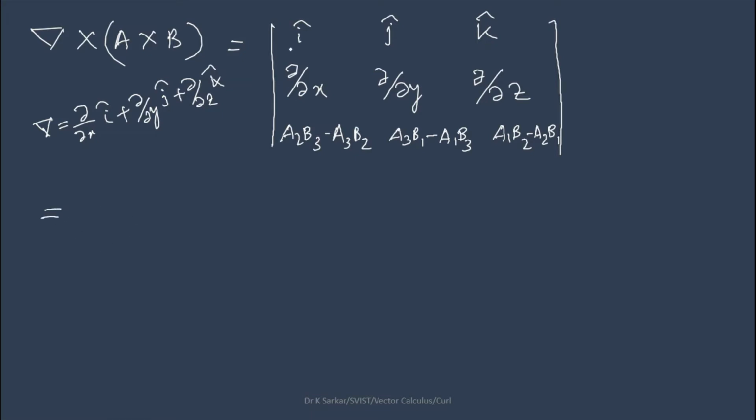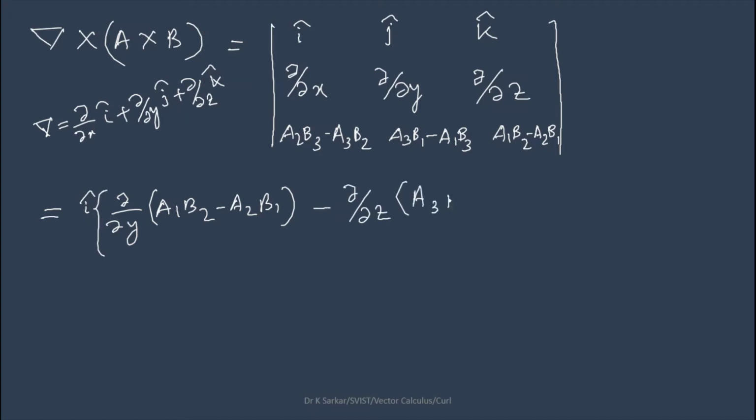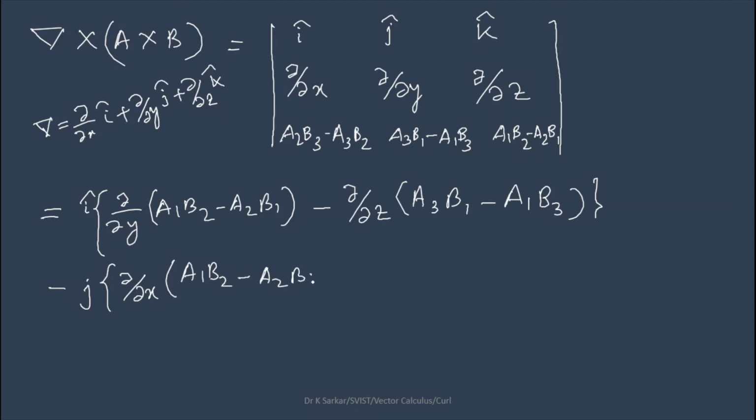Now let us expand the determinant. We will have i times [del/del y of (A1 B2 minus A2 B1) minus del/del z of (A3 B1 minus A1 B3)], next minus j times [del/del x of (A1 B2 minus A2 B1) minus del/del z of (A2 B3 minus A3 B2)], leaving this part, so del/del x of this part minus del/del z of this part.